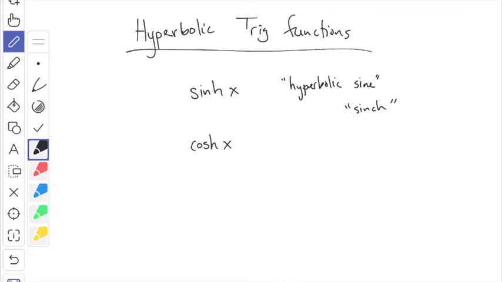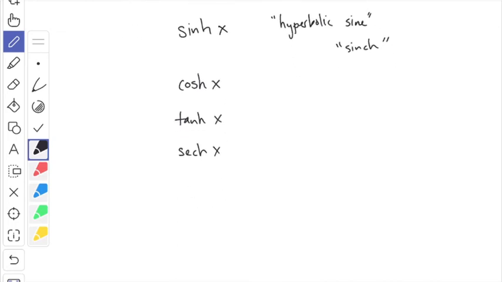There is the hyperbolic tangent, which is pronounced tanch. And then we have, of course, the other ones, the hyperbolic secant, which is pronounced sech, and then there's cotanch and cosech. I always feel foolish when I'm saying these words out loud.